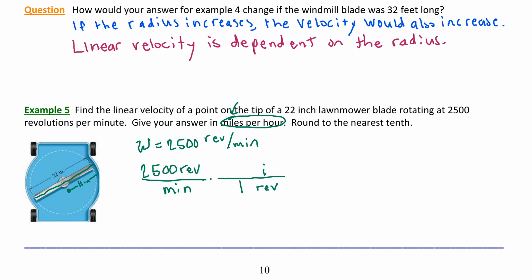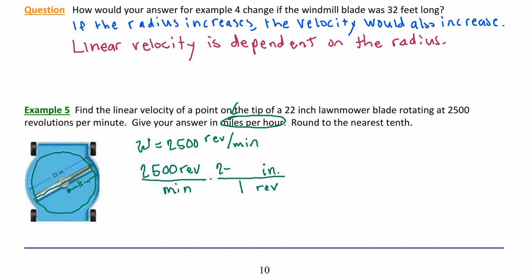Now, before we get to miles, because the radius is given in inches, I'm going to convert one revolution into inches. Now, remember, 1 revolution around this circle, the point on the tip of that blade is going to traverse the circumference of that circle. So in 1 revolution, we need to calculate the circumference.